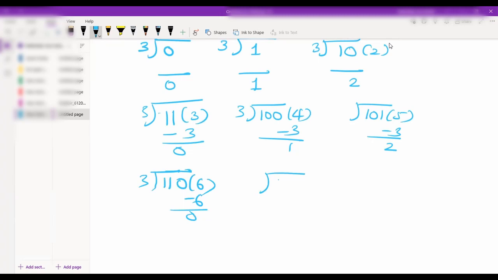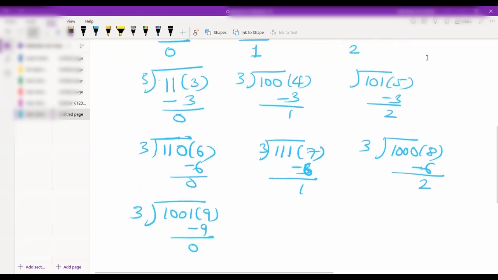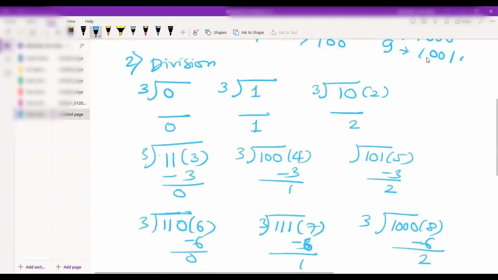Number 7, when divided by 3, the remainder will be 1. And number 8, when divided by 3, the remainder will be 2. And number 9 with the remainder 0.